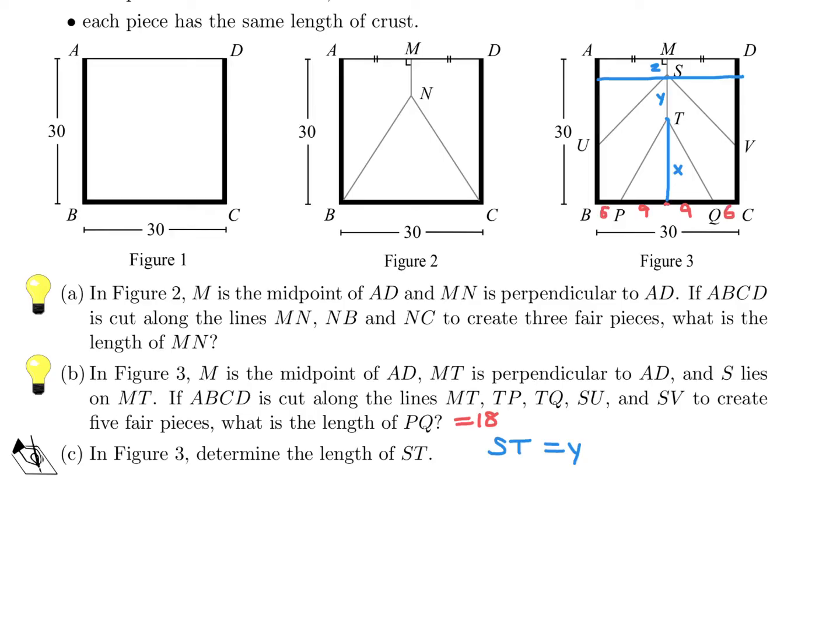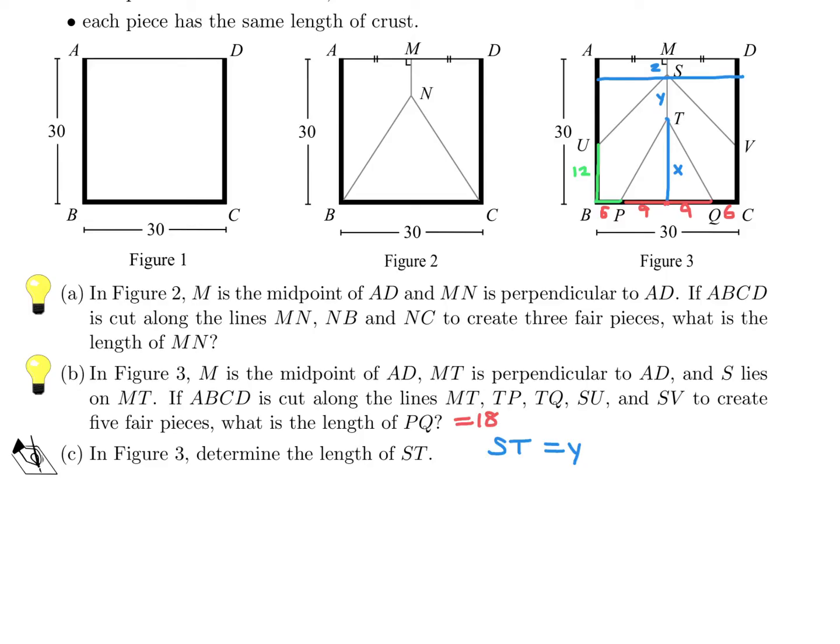Okay, that's very good. And then another thing is that because the length of the crust has to be the same, since that's 18, the length of this crust has to be 18 also, from there to there. And since that's already 6, then that means that guy's got to be 12.